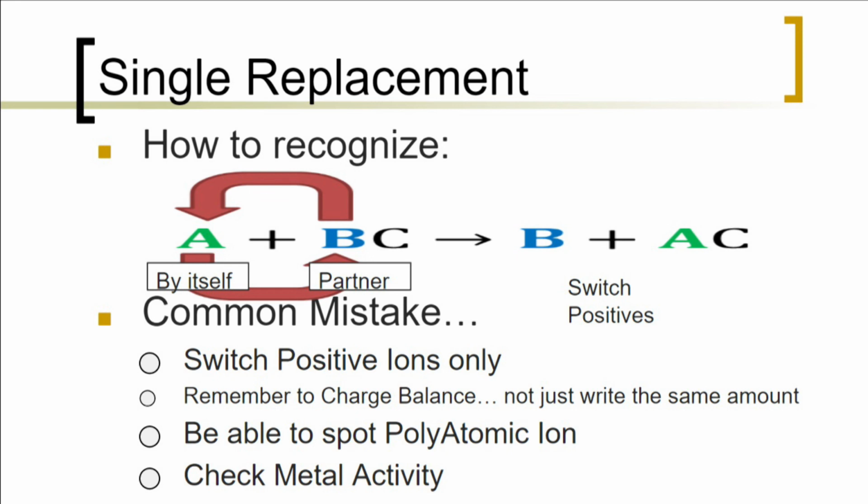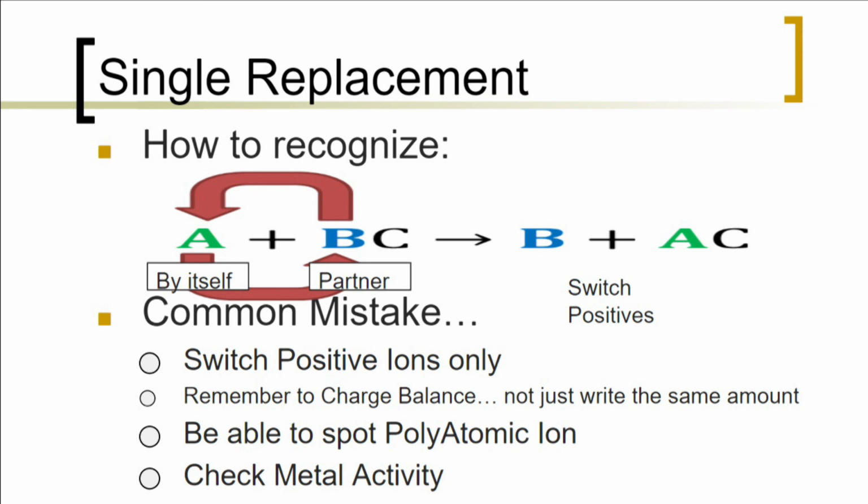Common mistakes that students make is that they switch the wrong ions. You have to make sure that the A and the B that switch are both the positive ions only. Sometimes students will put the two positives together and then they'll get confused.